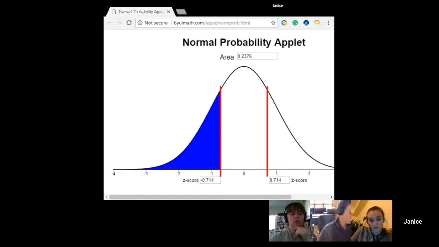Okay. 13. We're not finding the z-score. Well, yeah, we had to find it though. Yeah, and so that's what the 0.714 was, the z-score, and then we had to find the area. Which is the 238. Then the next one is the 762.